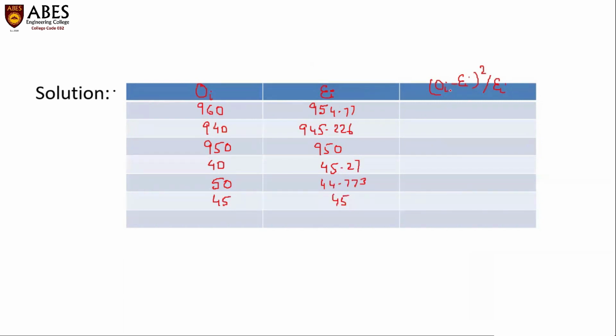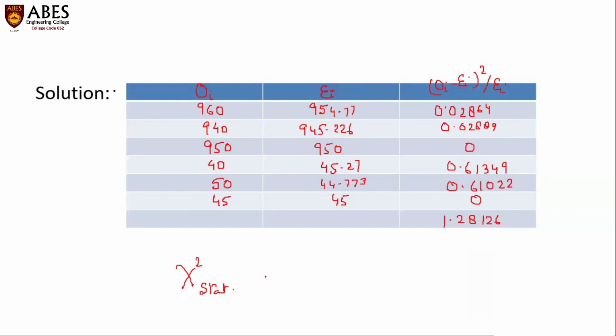And when we apply the formula of OI minus EI whole square upon EI, these values come out as 0.02864, 0.02889, 0.61349, 0.61022, and 0 again. And upon summarizing them, we get this value equal to 1.28126. So we have seen that chi-square statistics comes as equal to 1.28126.